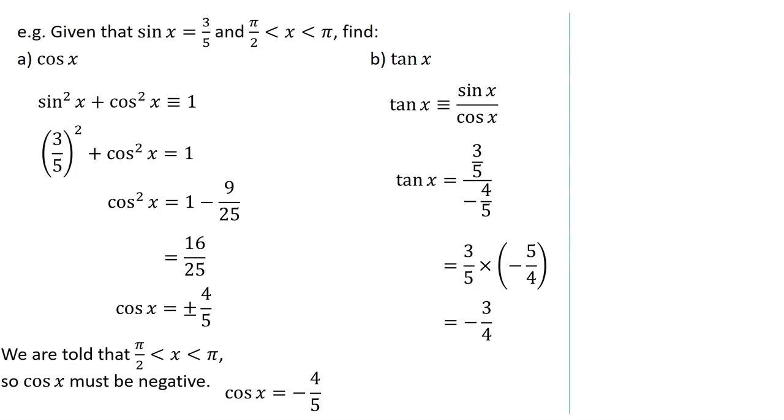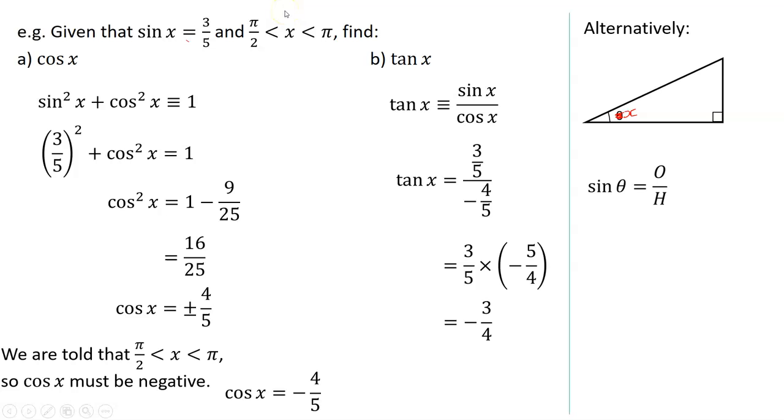Now, alternatively, you can think of a right-angled triangle. This is going to make more sense if I call this x in the context of the question that we've got here. I know that sine theta, or sine x, is opposite over hypotenuse. Here I've got that sine x equals 3 over 5.